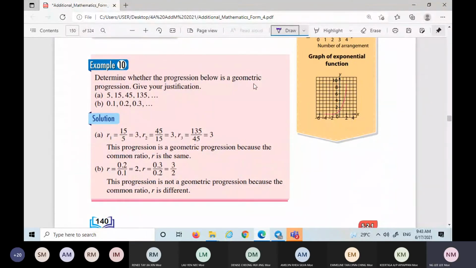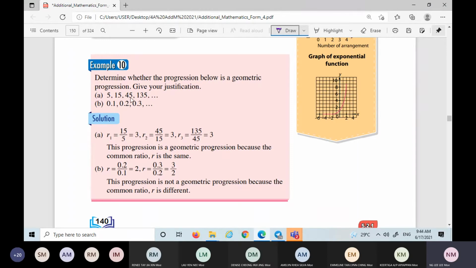Determine whether the progression below is a geometric progression or not. Give your justification. So how do you know if this is a geometric progression or not? You have to find the ratio. If the ratio is common, meaning all the same, then this is a geometric progression. If the ratio is different, then this is not a geometric progression. So look at A. T2 over T1, 15 over 5.